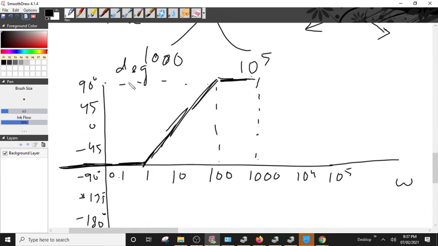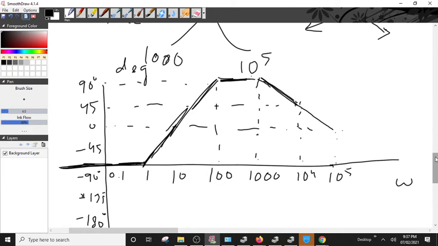It is at 90 at the moment, it should reach 45, and then at 10 power 5 it should again decrease by 45, so it should reach 0.